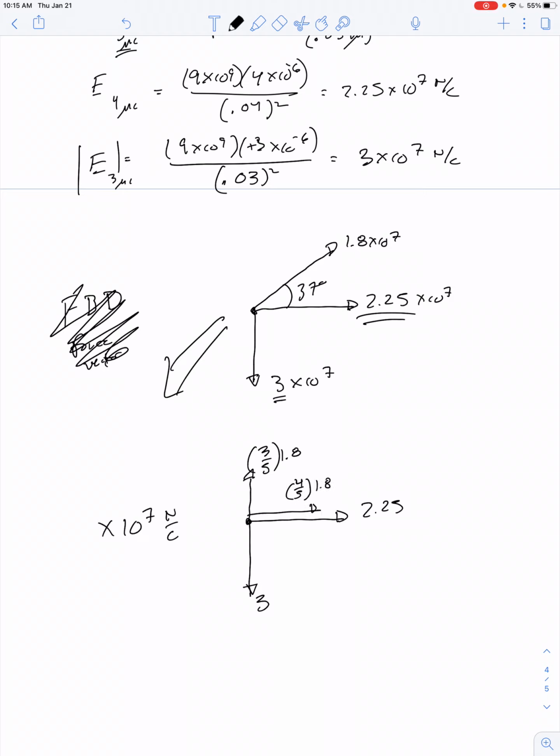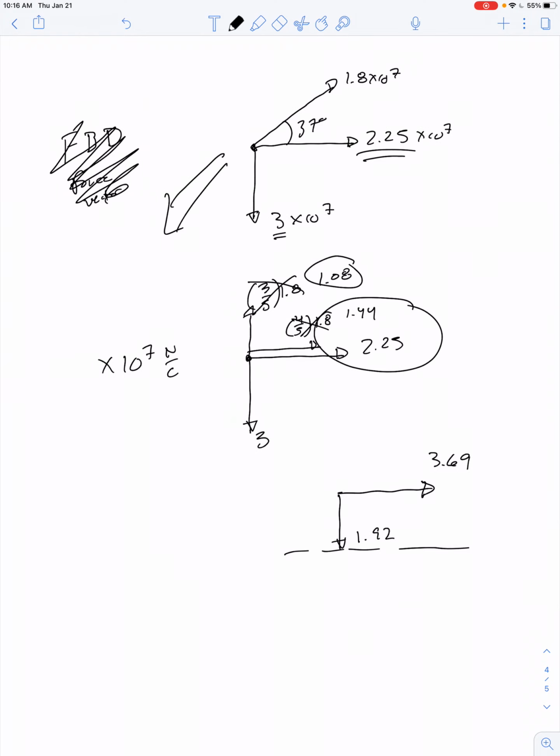Or in other words, 1.08 and 1.44. So I add 1.44 plus 2.25, and I get an overall vector to the right of 3.69. I subtract 1.08 from 3, and I get a downward vector of 1.92.